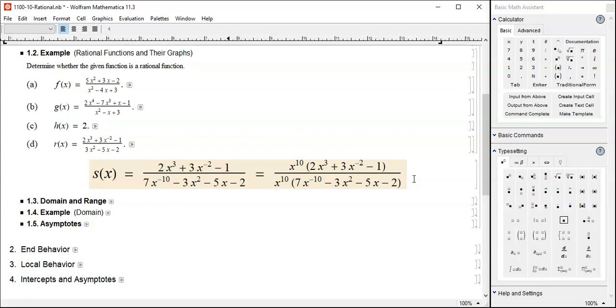No matter how many negative powers you have, it's okay. You can select the power that is the most negative and then multiply that to both numerator and denominator, and then simplify. Now, if you have a non-integer power, something like this, now you have a problem. That's not going to be a rational function. But whenever you have just integer powers all around, it's a rational function.